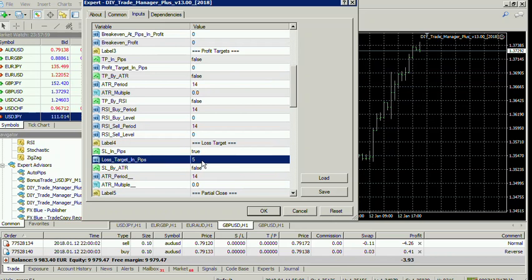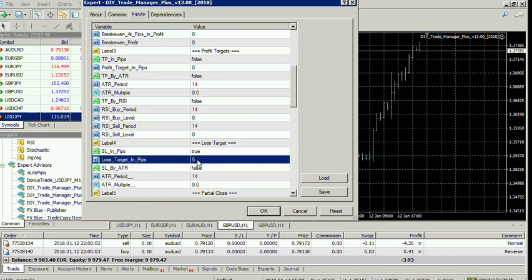Generally, if the EA normally has a stop loss about 60, I would put about a 10 pip stop loss. But if it's tighter, if it's say normally a stop loss of 30, then I do about a sixth of that, so I would set a stop loss target of 5.